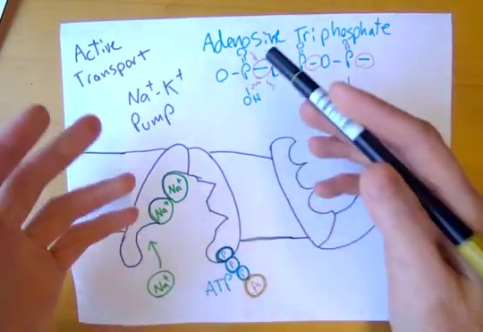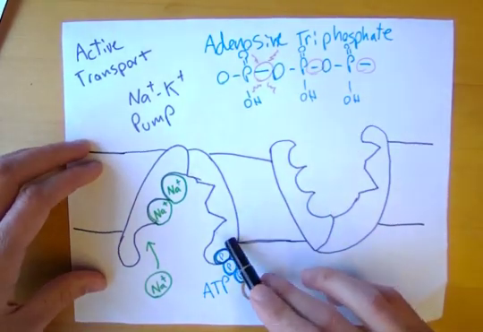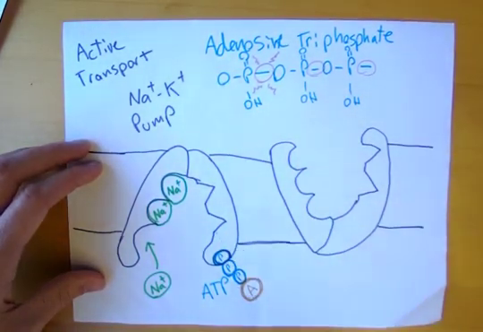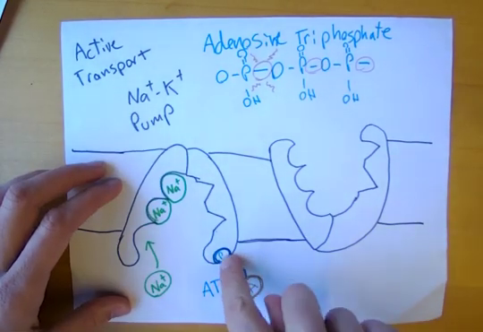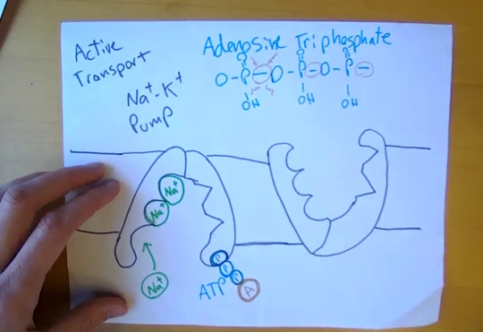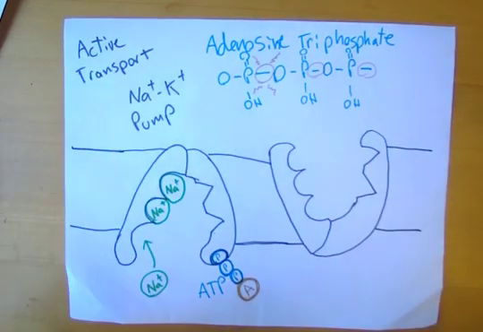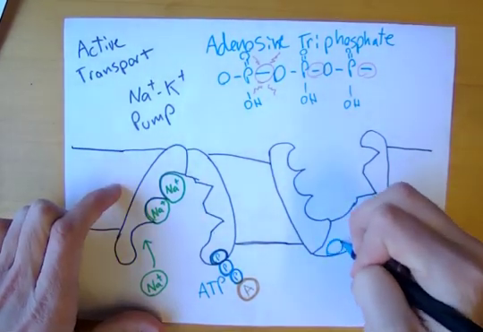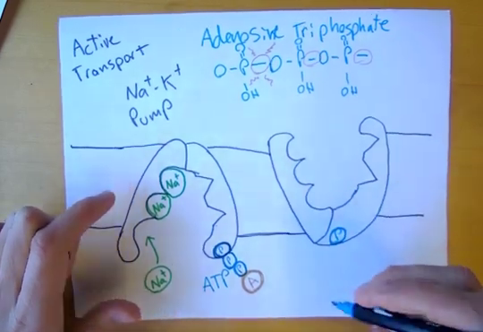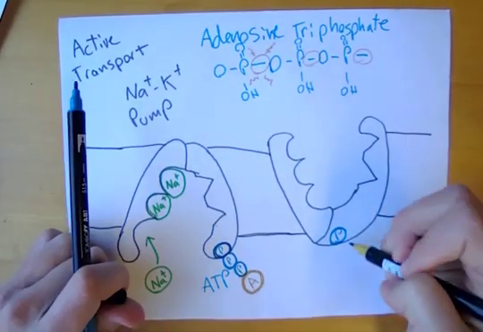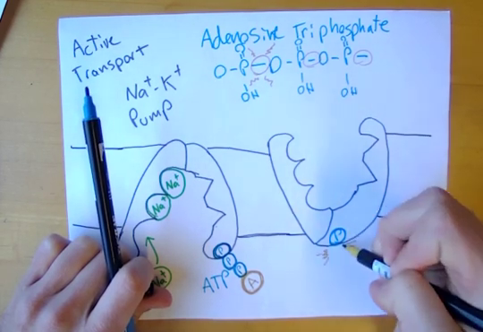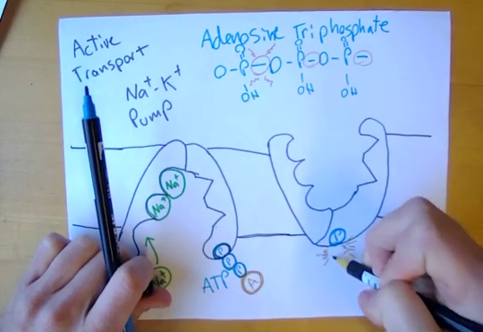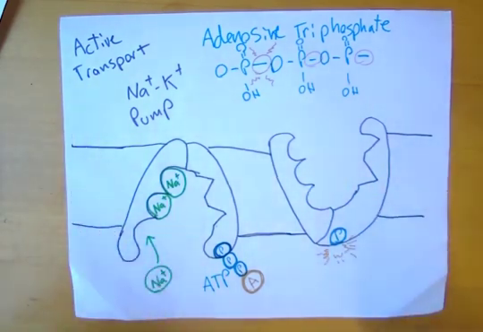And so that energy can be used to change the conformation of this. And that's exactly what it does. ATP binds. It's cleaved. A phosphate group is cleaved off. So we got our little energy explosion in the cell.